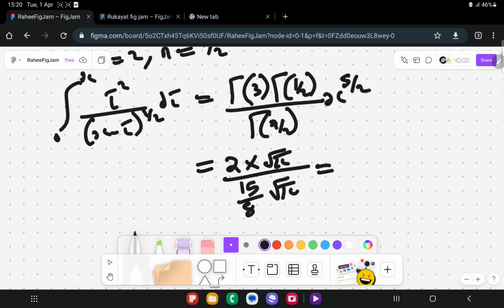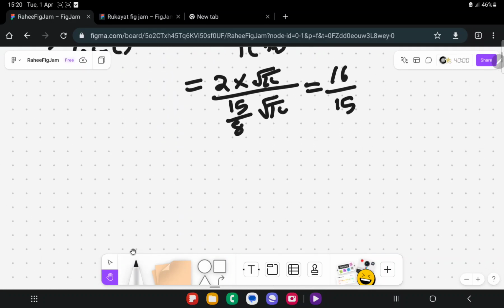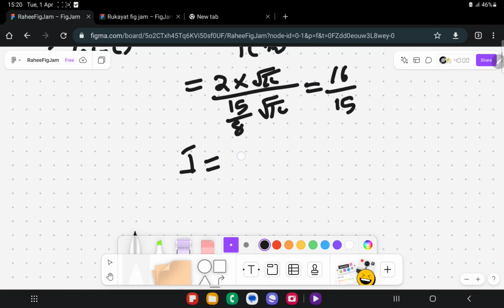Now this will simplify to 16 all over 15. So what that means is that our integral is equal to 16 all over 15 x raised to power 5 all over 2. That is the value of our integral.